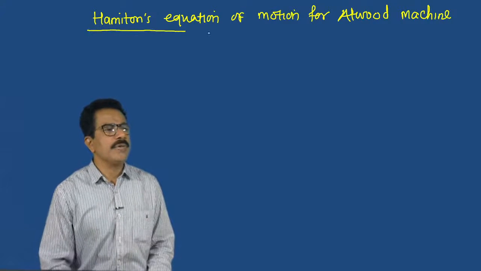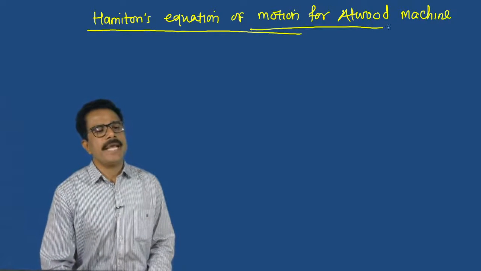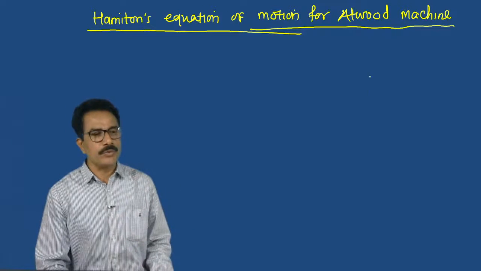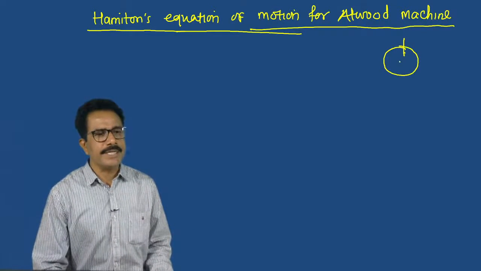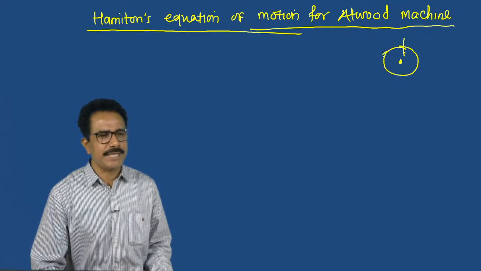See this, we already know the working of the Atwood machine. See this is fixed. There is one pulley. We have seen it in detail, so I will not explain the details here.